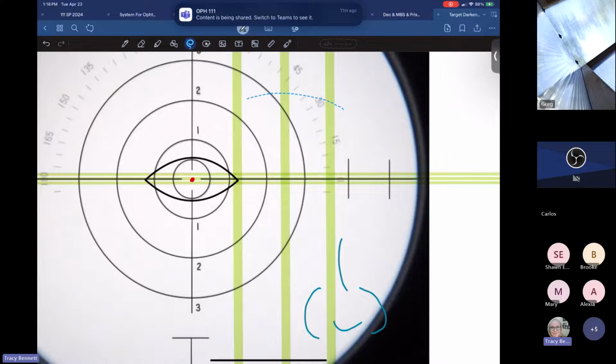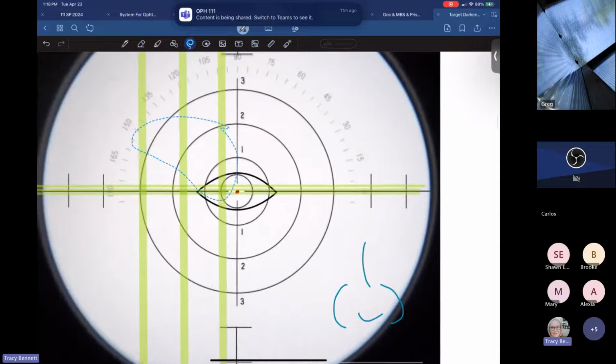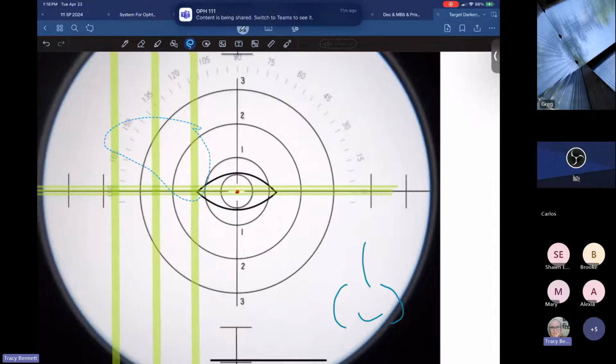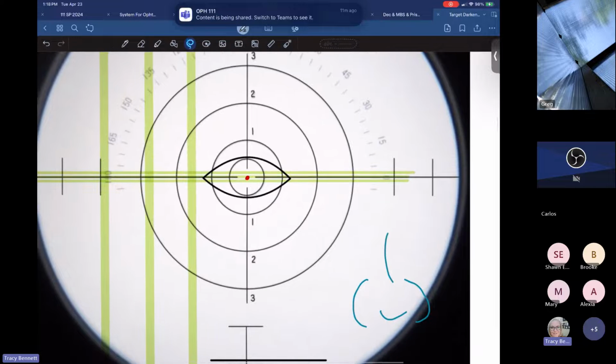And vice versa, if we are over on this side of the target, let's say we're right here. If we're right here on this side of the target and we're still dealing with a right eye, what base prism is this? Base out, right?